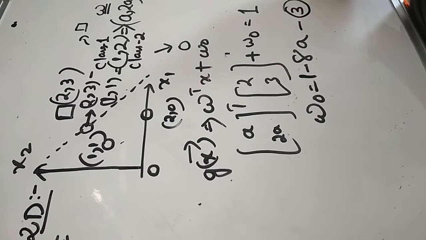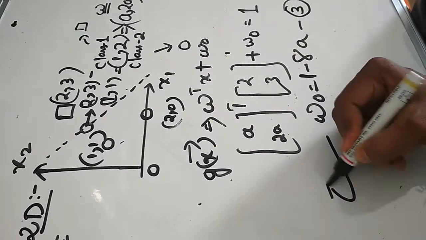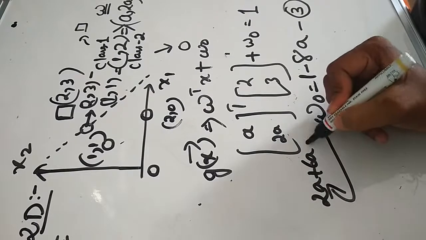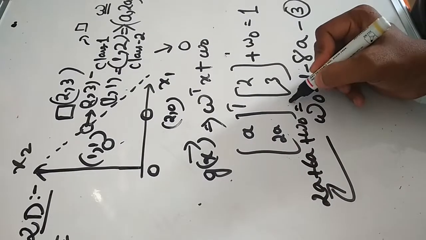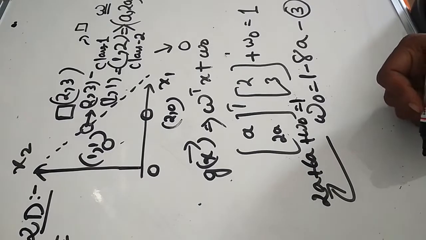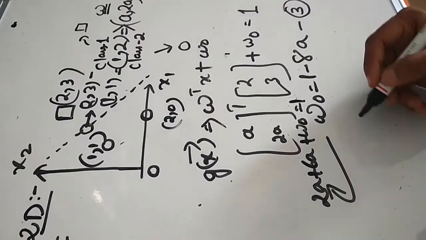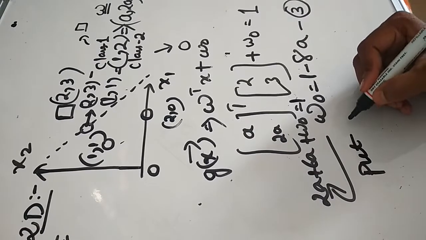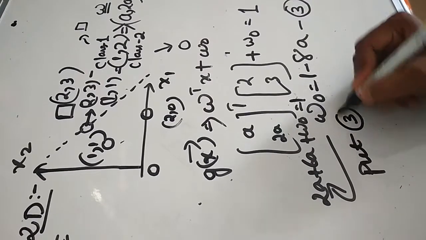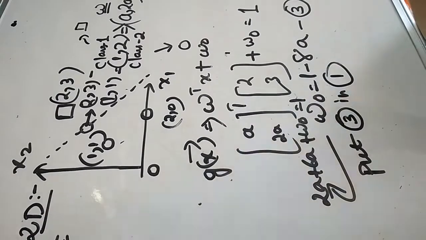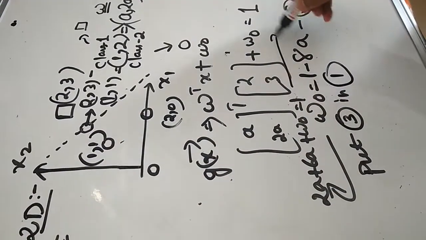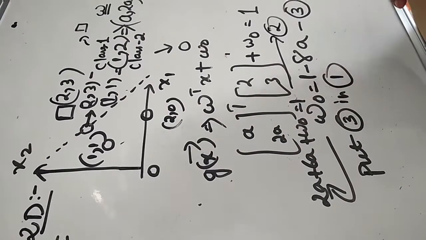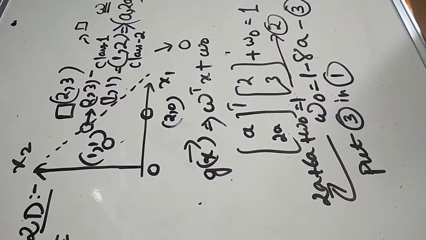Before that we will reach a step, that is 2a plus 6a plus w0 is equal to 1. Getting? So now we will put equation 3 in equation 1.